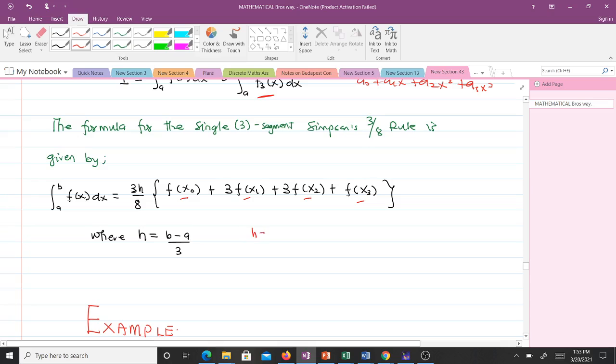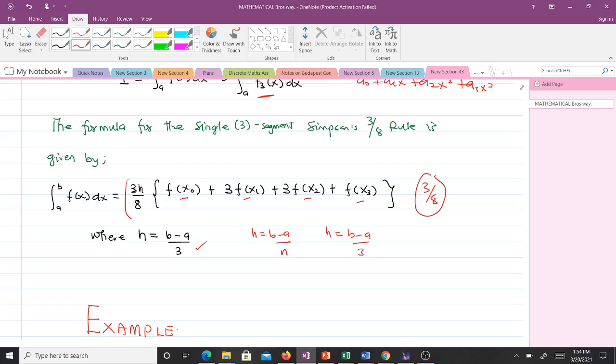You know, h is given by b minus a over n, but here we said our n is 3. So that's why we have this here. Then one thing that you have to know is that the 3 over 8 that we have here is what gives it the name Simpson's 3/8 rule.